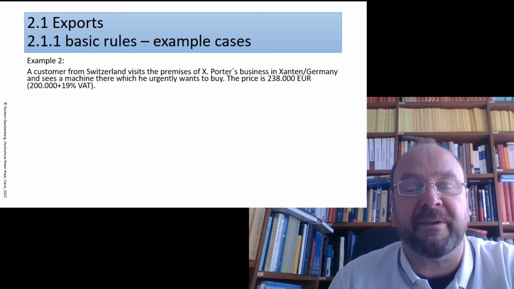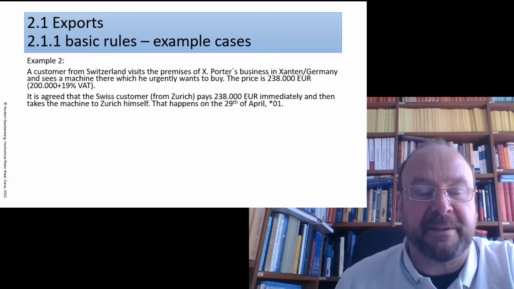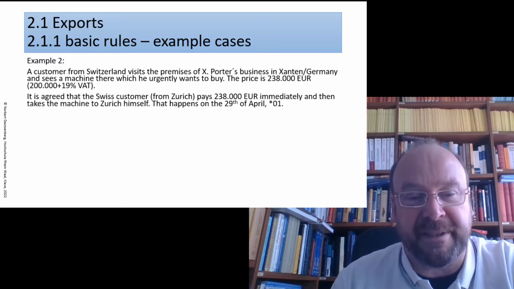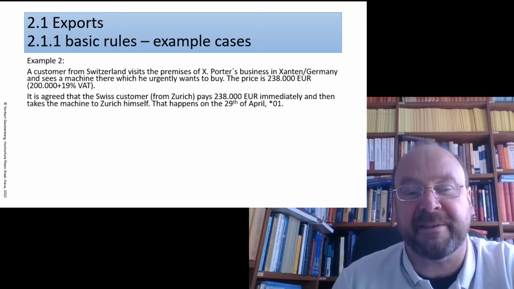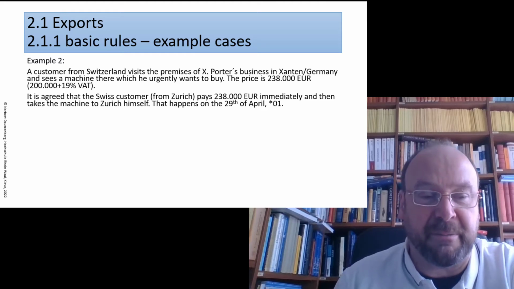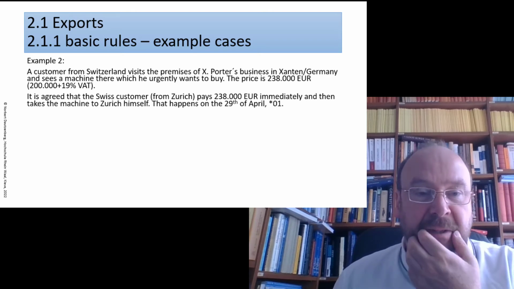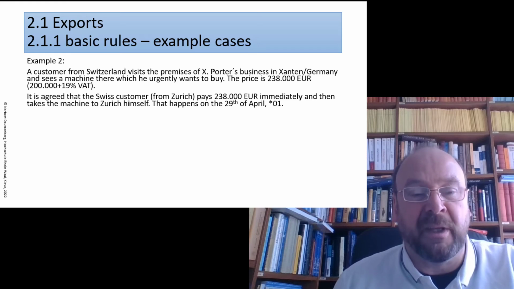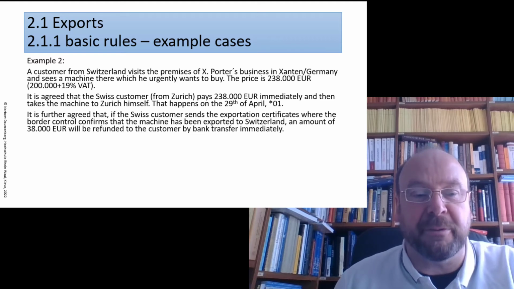Now he is in a hurry, and the price is 238,000, and so our Swiss customer, nervous as he or she is, says, I pay these 238,000 euro immediately and then take the machine to Zurich myself. That happens on the 29th of April in year 1. Okay, it's not always the realistic case, but things like that might happen, and that is what the example wants to illustrate.